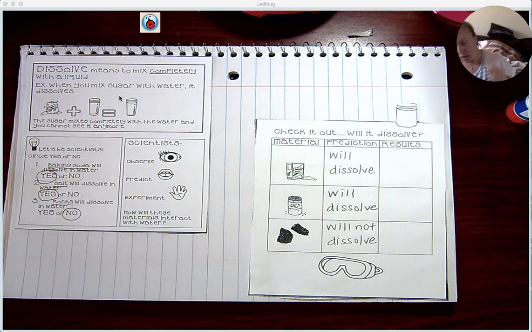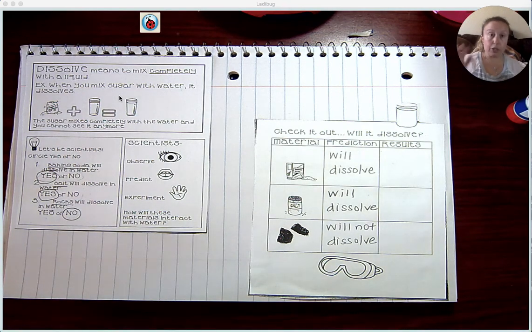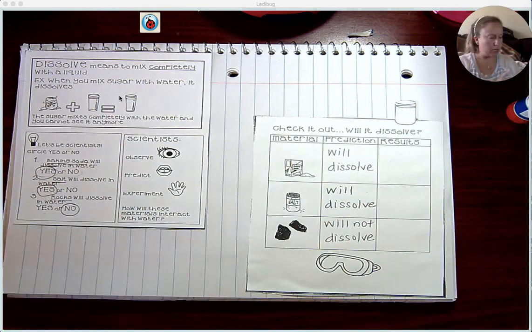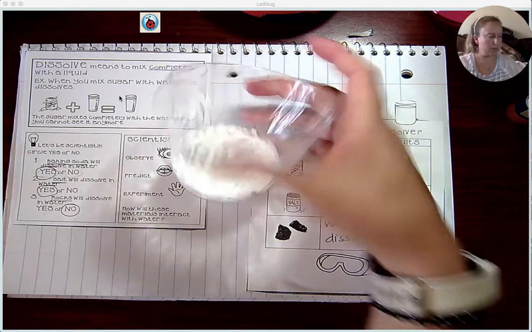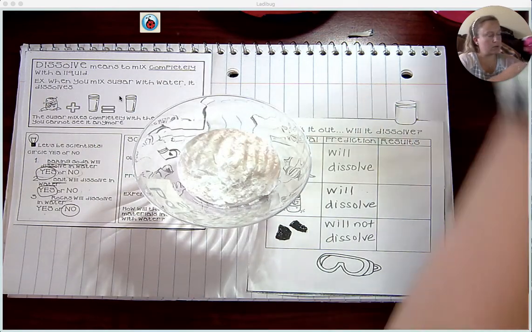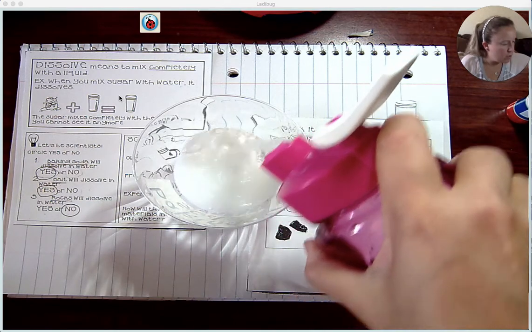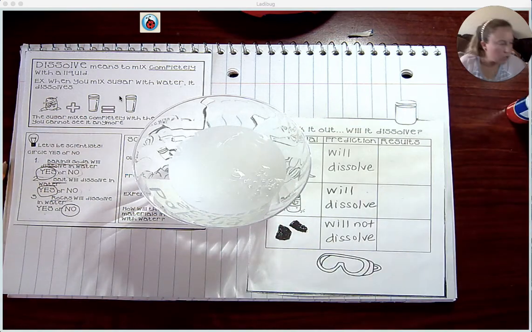Okay, next step, we are going to do our actual science. So we're going to take baking soda. Take your baking soda cup, put it in front of you. Take your water, carefully pour some water into the baking soda. Look and listen.